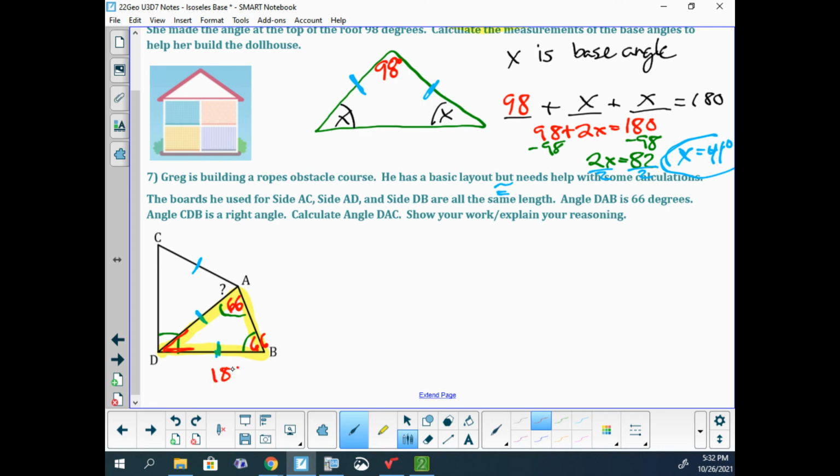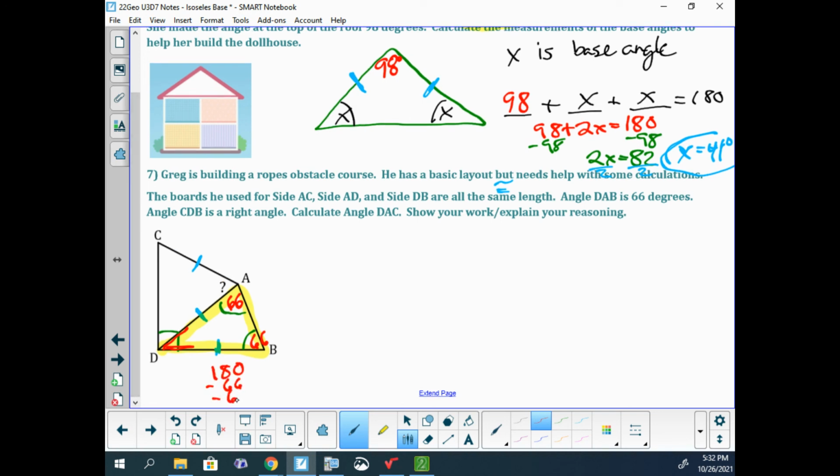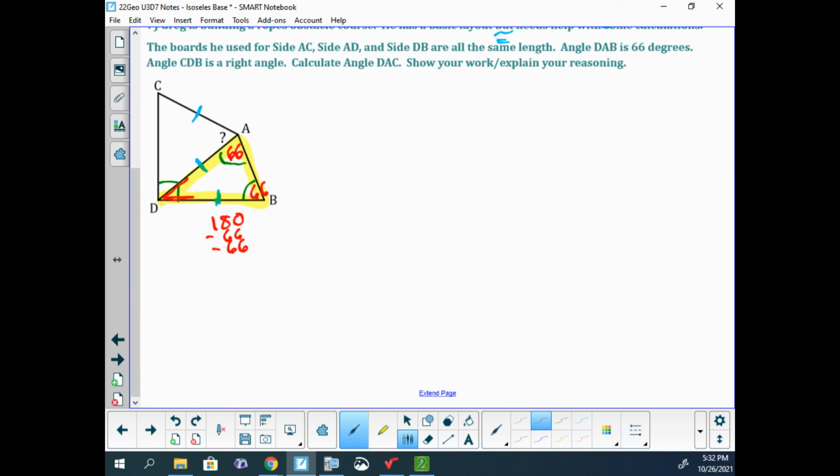So that's where we can take 180 minus 66 twice. And that gets me 48. So that little centerpiece is 48.